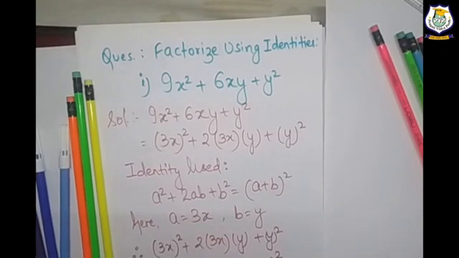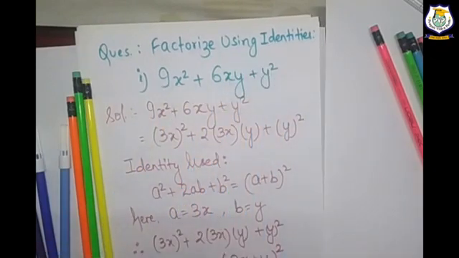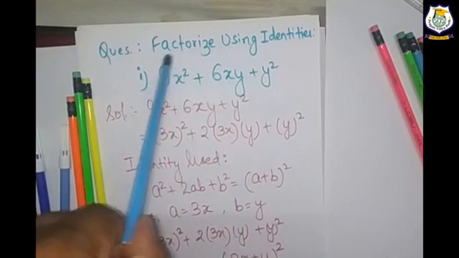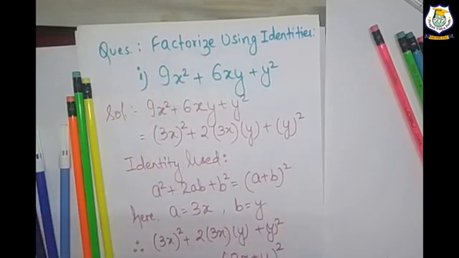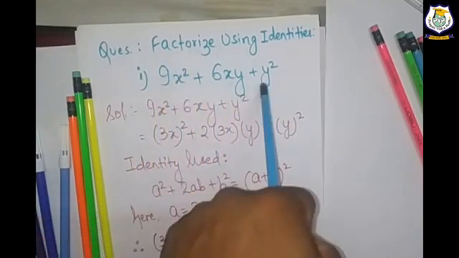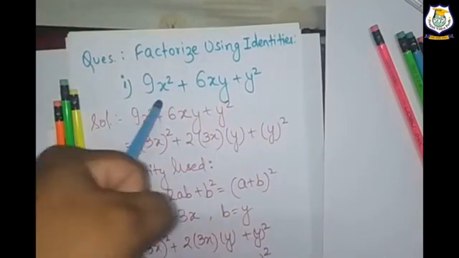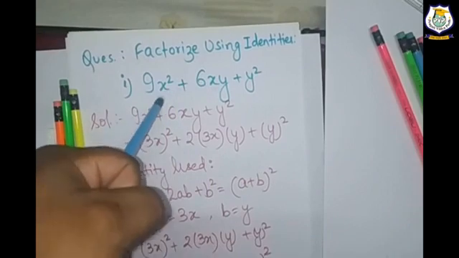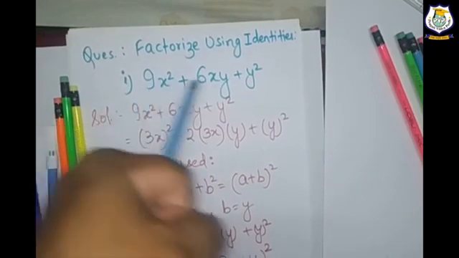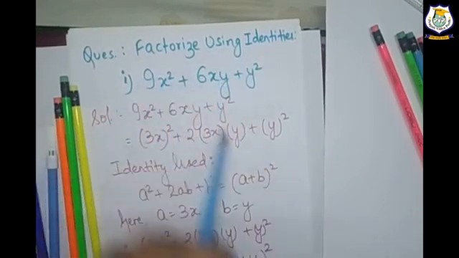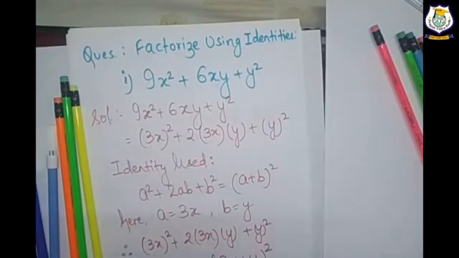In a similar manner, when we have the question 9x square plus 6xy plus y square and we want to factorize it, we have to convert this form into a multiplication form.